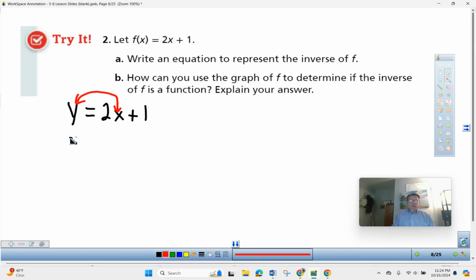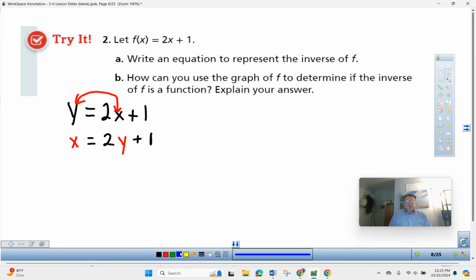So that means I'm going to put an x here and a y here, and everything else is going to stay exactly the same. And then lastly, now officially we switched the x and y, so this is actually the inverse, but it's customary to solve it for y now, okay?